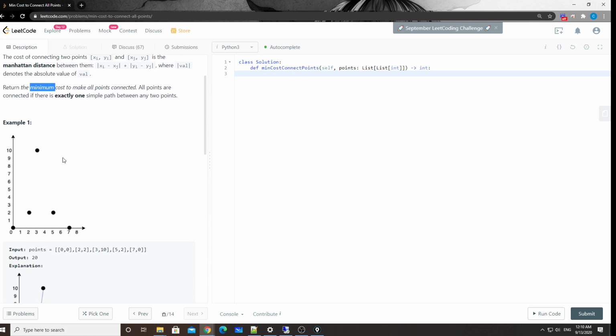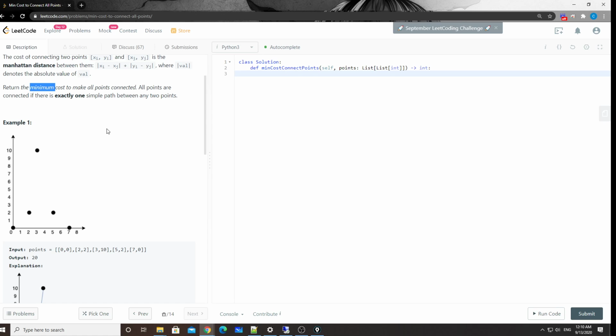For that, what we need to do is pre-calculate all the distances between each of the nodes, and then it's kind of a greedy idea here. We'll be sorting those edges.